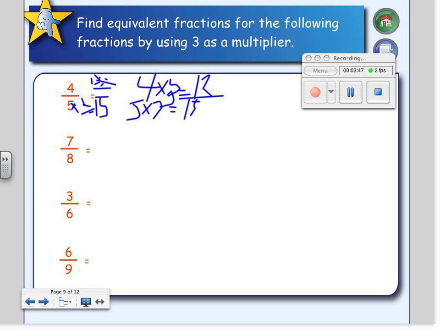Equal to or equivalent. Okay, our keyword is equivalent. Equivalent means, everyone? Equal. Okay. 7/8.